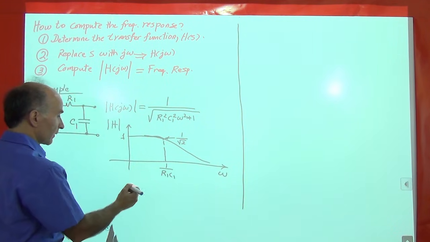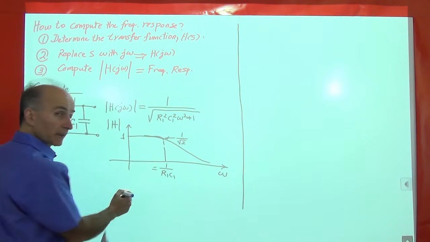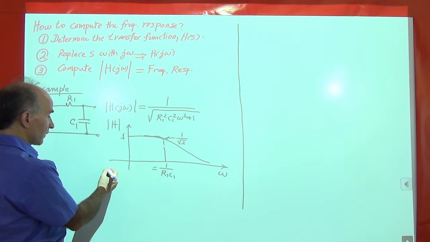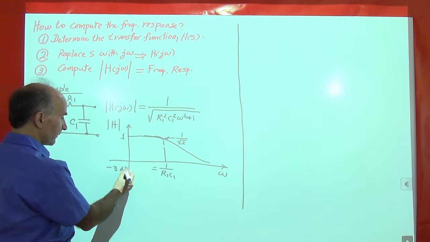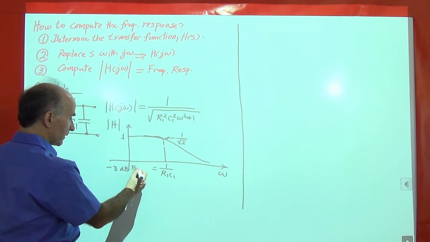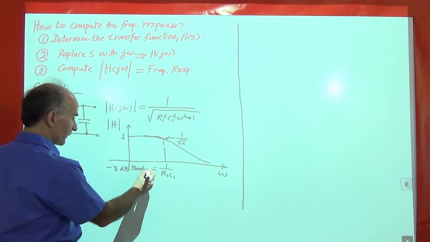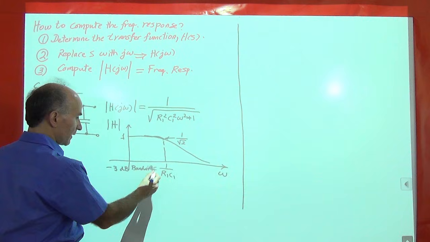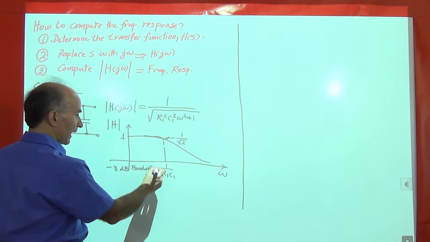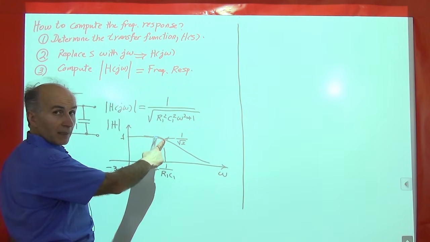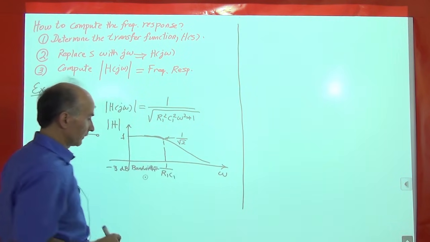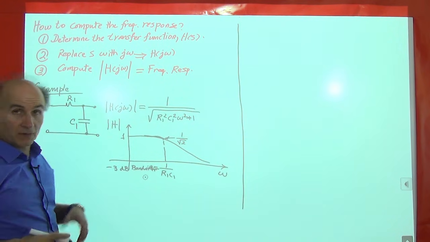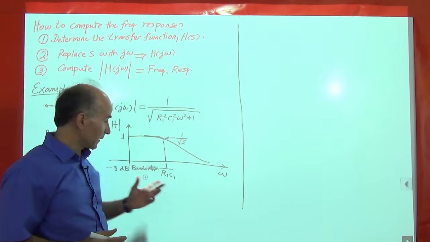And sometimes it's called the bandwidth of the circuit. If you want to be more precise, we call it the minus 3 dB bandwidth. Minus 3 dB means that the output is 3 dB less than the input, right? Because the gain is now 1 over square root of 2. So sometimes we call it just 3 dB bandwidth or bandwidth, but that's what it means.